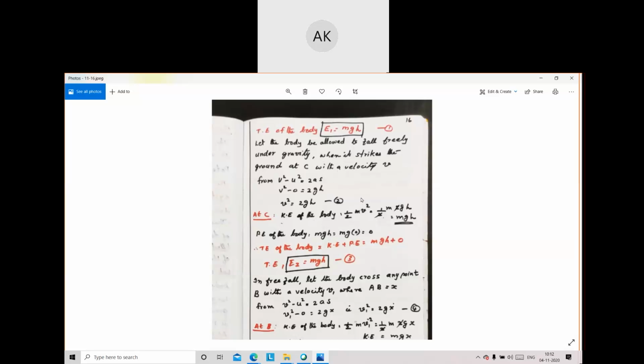What is its velocity? For that you can use the formula v square minus u square equal to 2as. The body is dropped, so the initial velocity is 0. Therefore v square minus 0 equal to 2 into a, and the acceleration is the acceleration due to gravity, so you can write g.